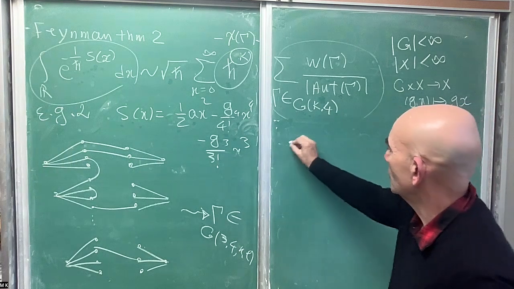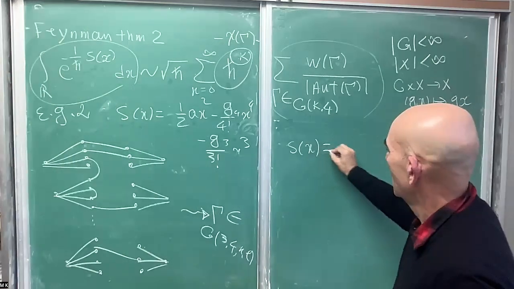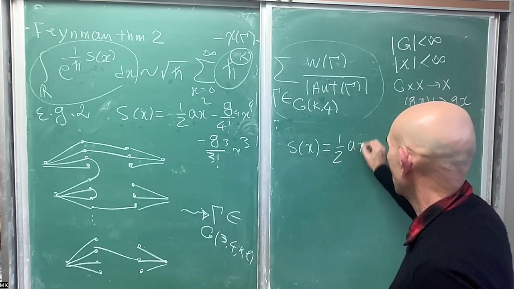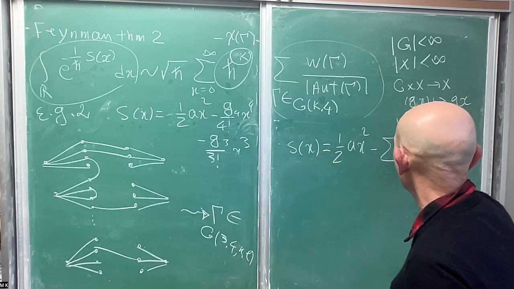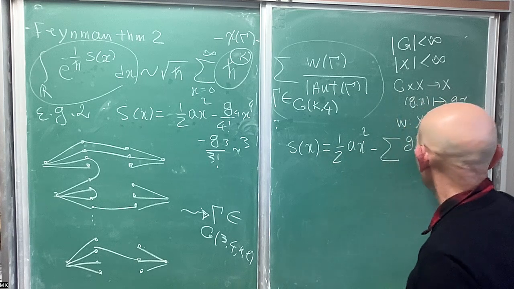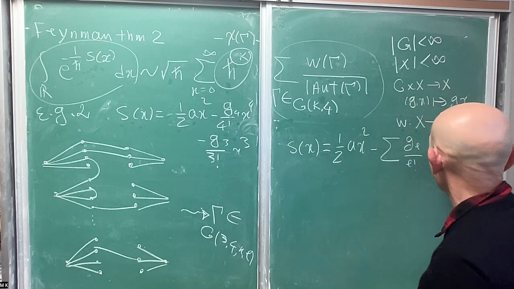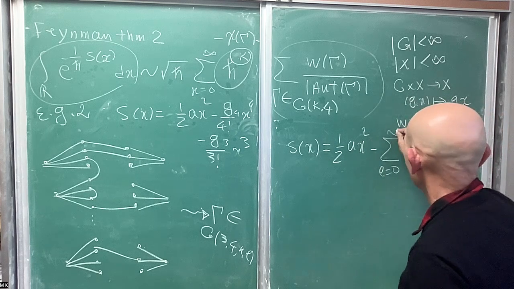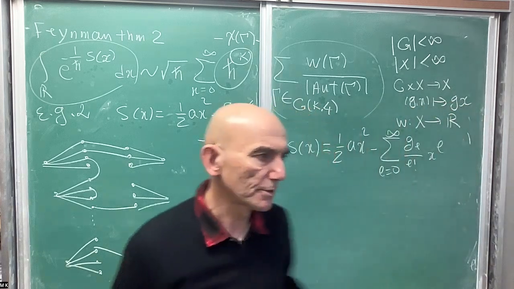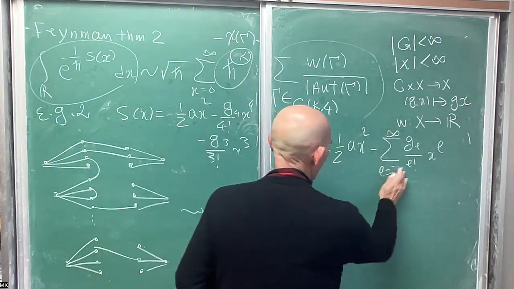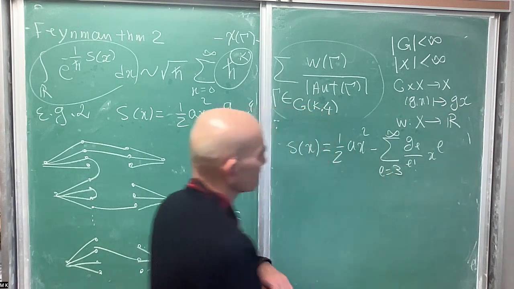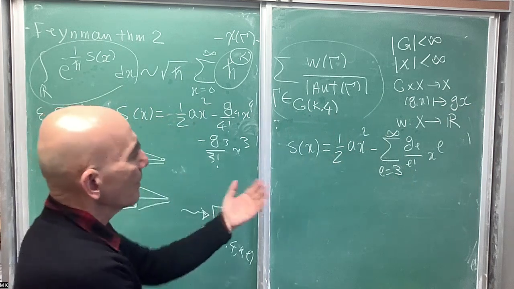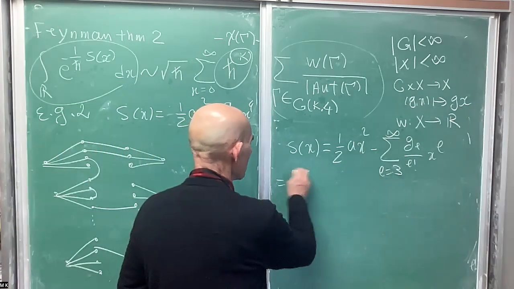But basically now you can write down for such actions complete asymptotic expansions, minus some GL over L factorial x to the power L, L from 0, say infinity, but infinity really we mean finite. Oh, no, not 0. Let's go from 3.